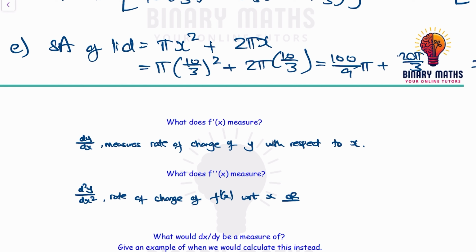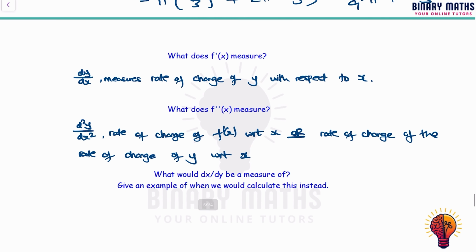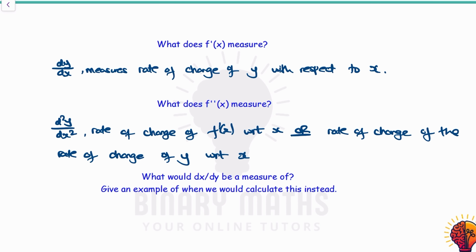or the rate of change of the rate of change of y with respect to x. So it's twice. So rate of change of the rate of change of y with respect to x. What would dx dy be a measure of? It will be the rate of change of x with respect to y.